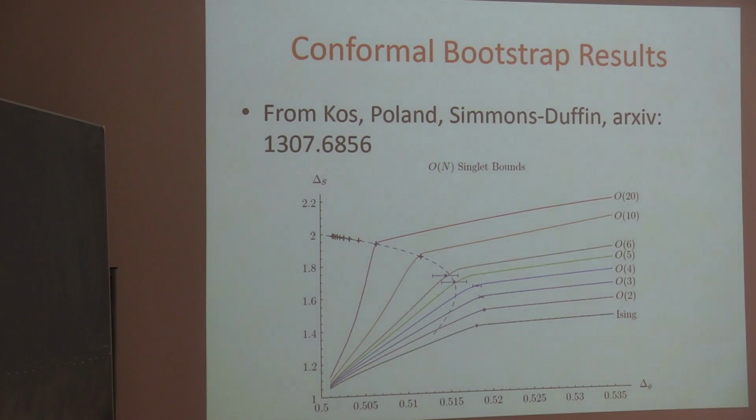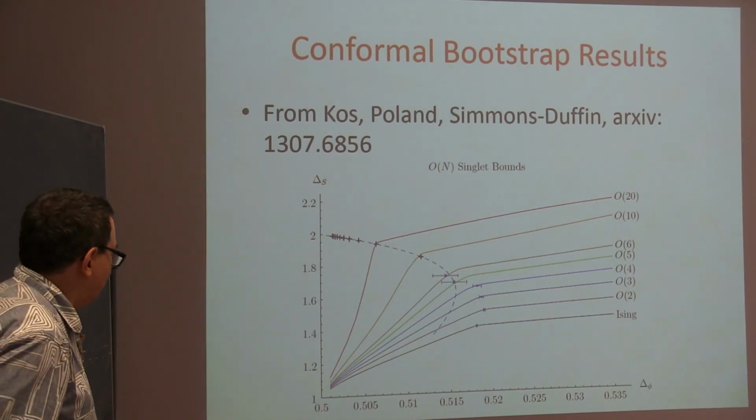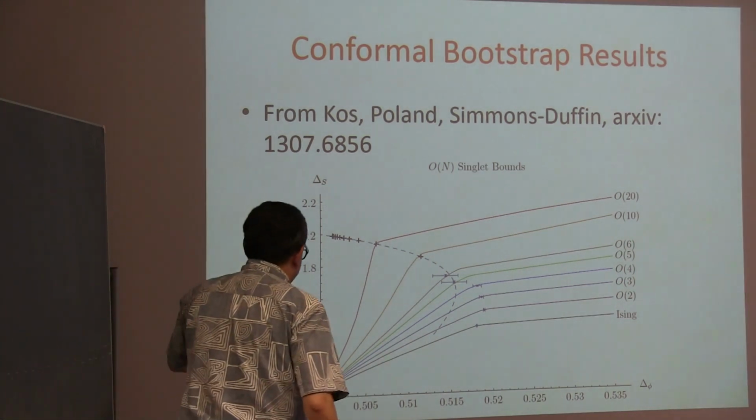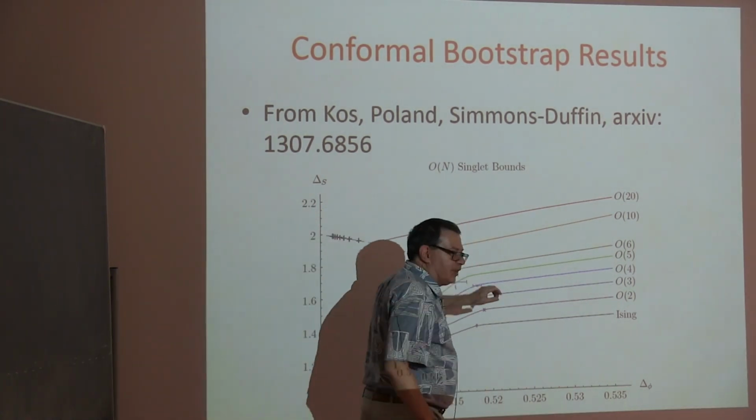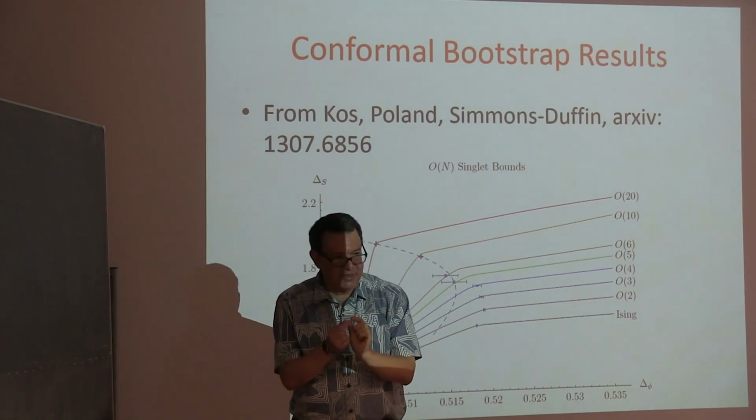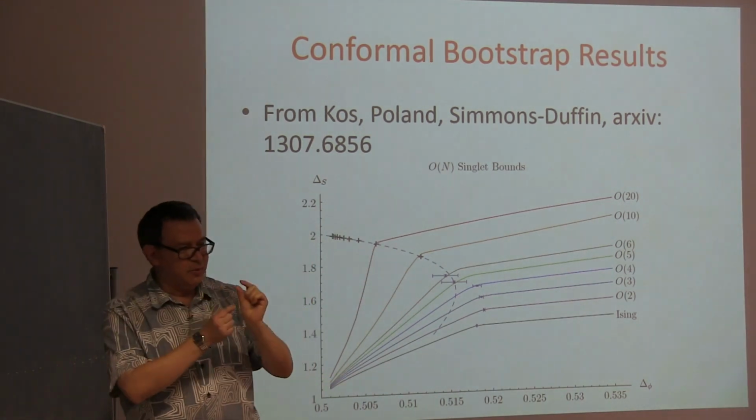So by now, these kinks have been promoted to little islands. What they now know, at least for low n, is, never mind these plots, they will just show you a tiny little island around these points, and you know that the scaling dimensions must be within this island.